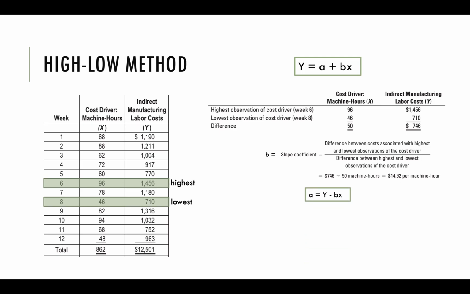Next we need to find a. Basically we just switch positions to make the calculation easier. We put in the highest data point: the indirect manufacturing labor cost, or y, minus b times the cost driver, or x, and we will get a as $23.68.